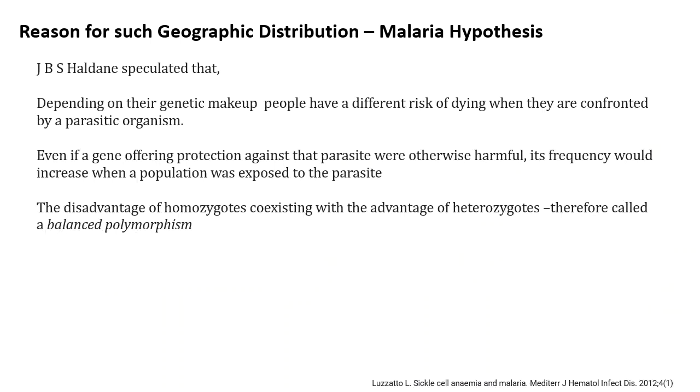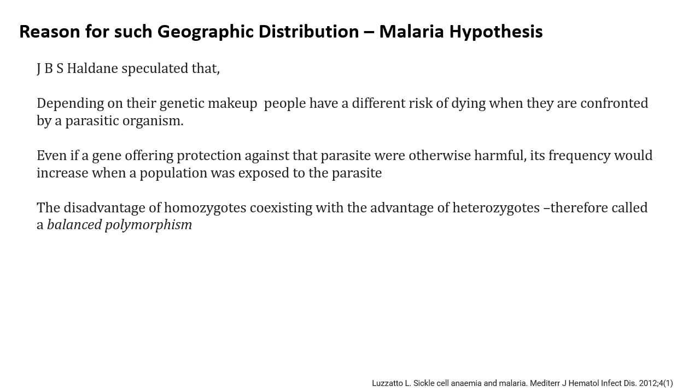Why this happens is because, depending on the genetic makeup, people have a different risk of dying when they are confronted by a parasitic organism, even if a gene offering protection against that parasite were otherwise harmful. So it is postulated that HbS is protected against the parasite, and therefore this gene continues in the areas where malaria is more prevalent.